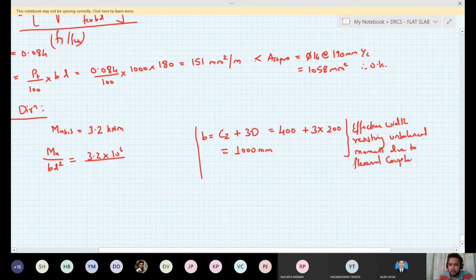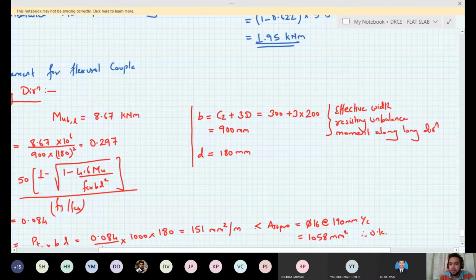So due to the flexural couple along the short direction. Okay, same way this is also the unbalanced moment due to, wait a minute.